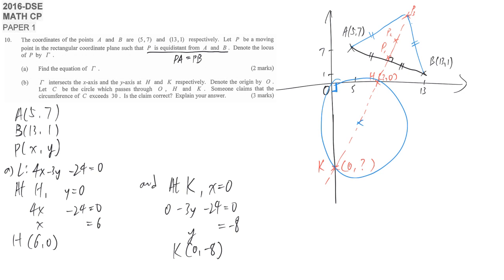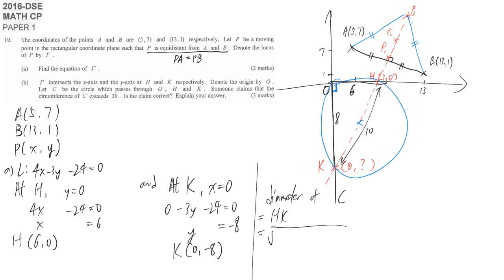After we get the 2 coordinates, we are going to find the diameter of C, which is HK. By the distance formula, you may realize directly that this distance is 6 while this distance is 8. So 3, 4, 5, this is 10. Or you may get it directly from the equations.